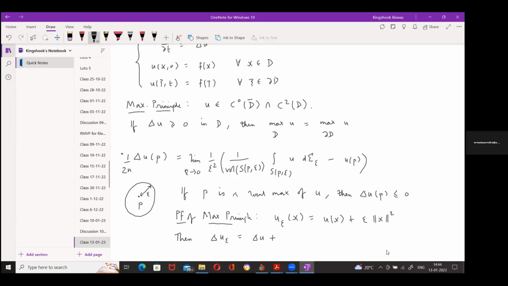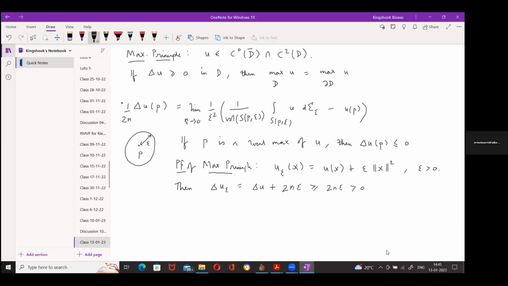So this will become 2n epsilon, right? And we're assuming that the Laplacian of u is greater than or equal to 0. So this will be greater than or equal to twice n epsilon, which is strictly positive. Here I'm taking epsilon strictly positive.